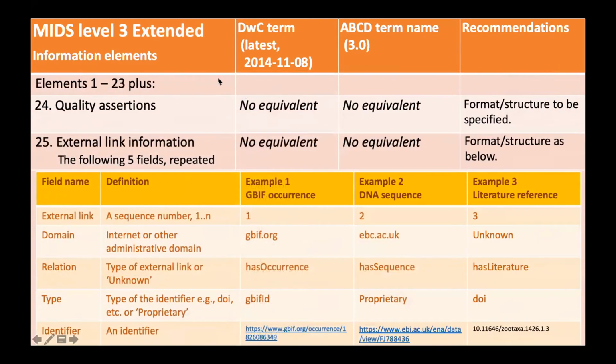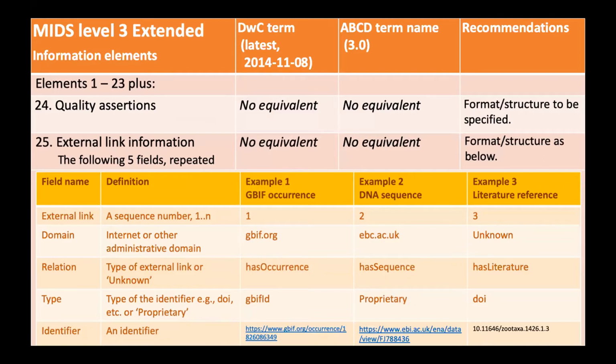Okay, now MIDS level 3, quality assertions, and I see that's one of the MIG elements, format structure to be specified. I didn't follow the bit.ly link, but that's come up in a number of discussions I've had this week about how you qualify quality.